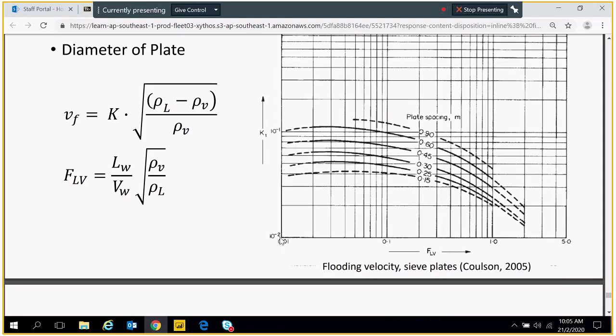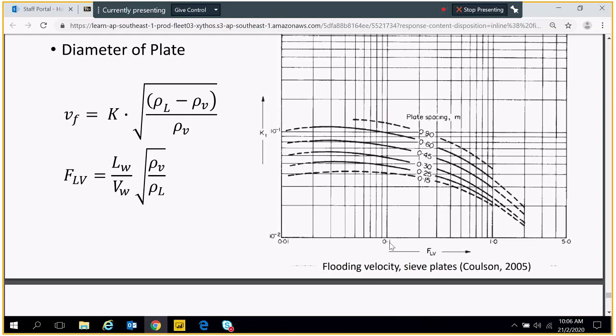Be careful. 10 to the power minus 2. This is 0.01. 2 times 10 to the power minus 2 is 0.02. 3 times 10 to the power minus 2 is 0.03. Then 0.09, 0.1. 2 times 10 to the power minus 1 is 0.2, 0.3 and so on.